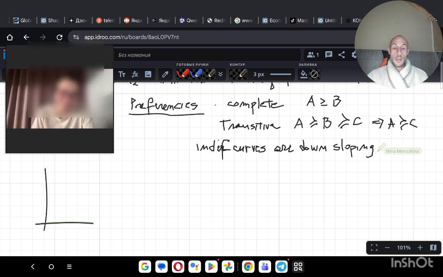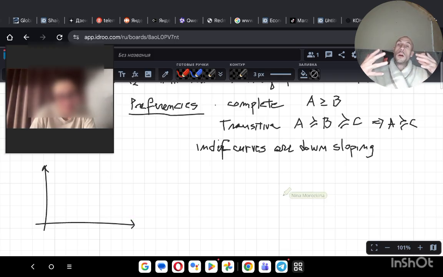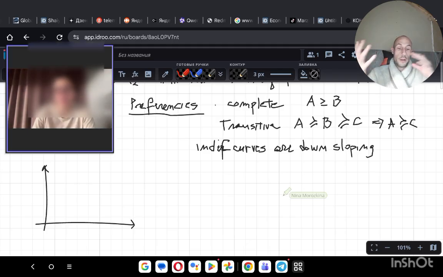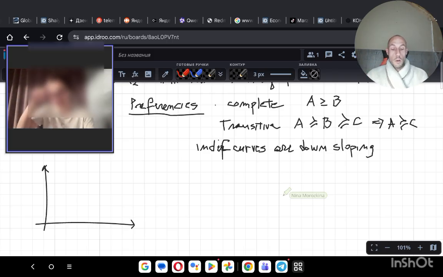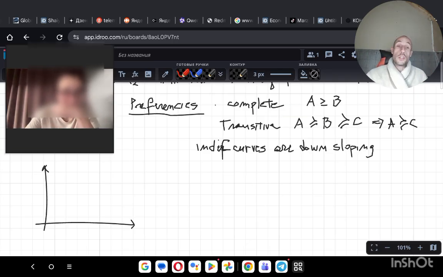But what is convex? What does it mean? I actually don't know the words in my language, I always use concave and convex. Okay. So mathematically speaking, this is concave. But economists don't like convexity or concavity, so they just use convex to origin.